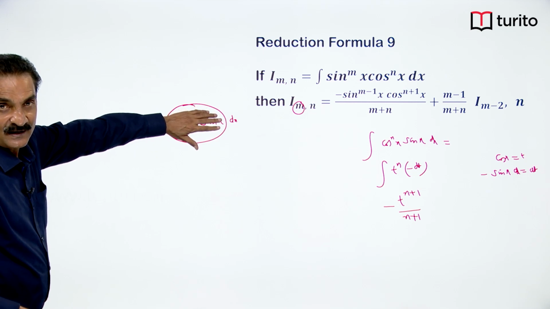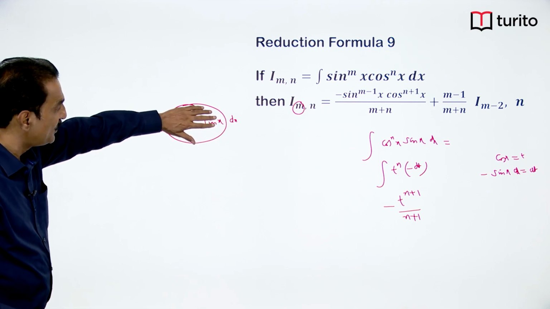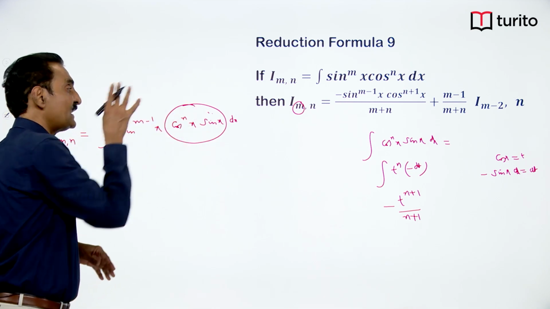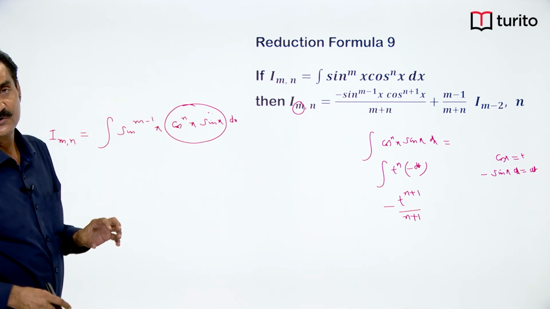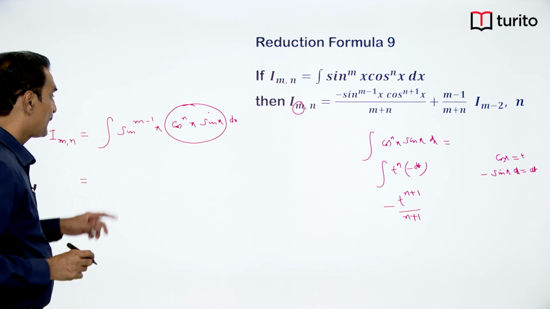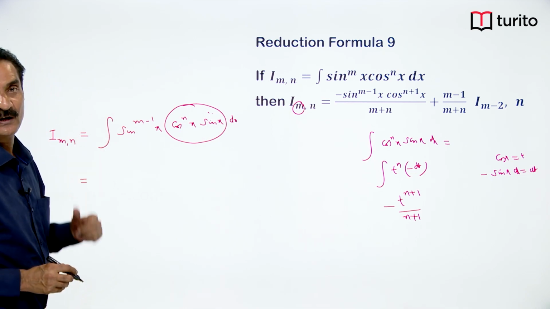This, the integral of cos x whole power n into sin x, is known. So, we take this as the second function, this as the first function and integrate by parts. You will get first function into integral of the second.